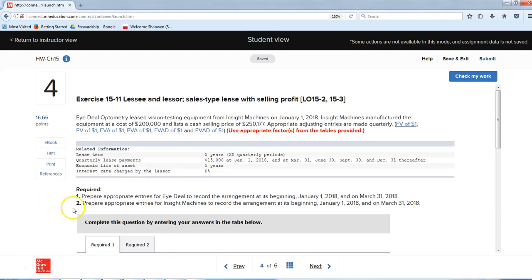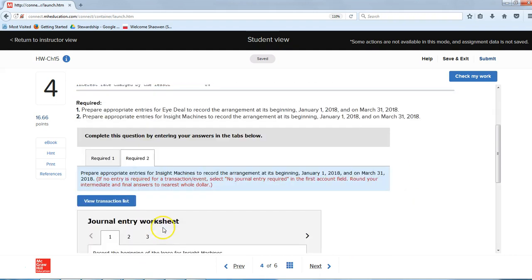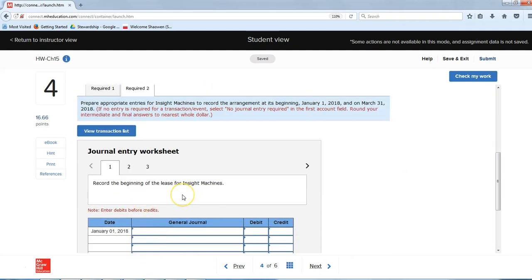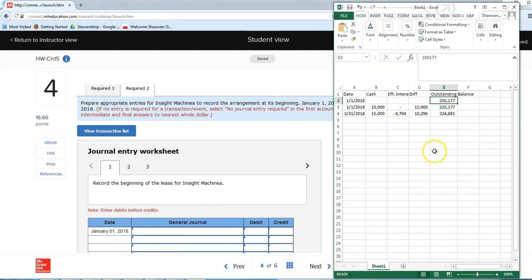And then requirement 2 says record journal entry for lessor on January 1st and March 31st. So requirement 2 for lessor, this $250,177 is a lease receivable.